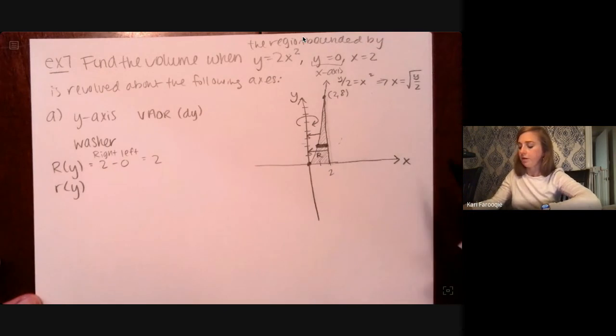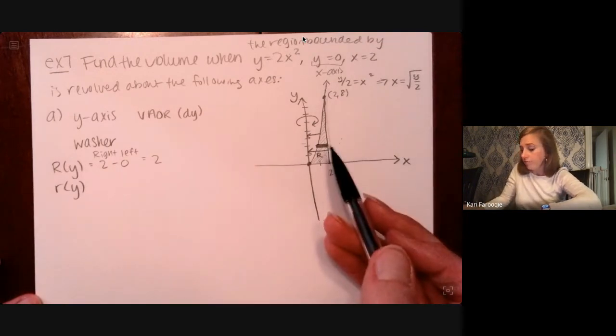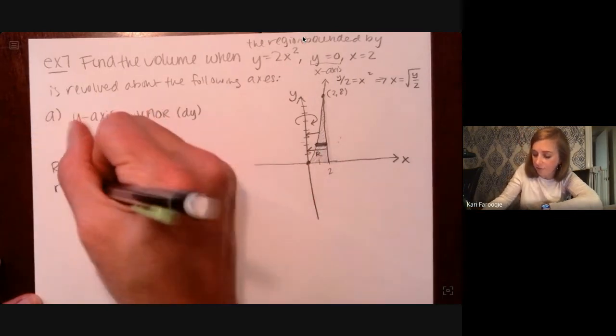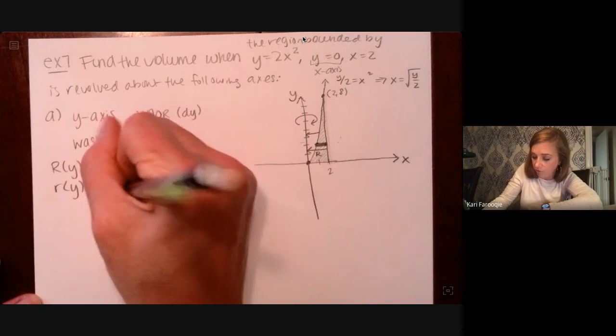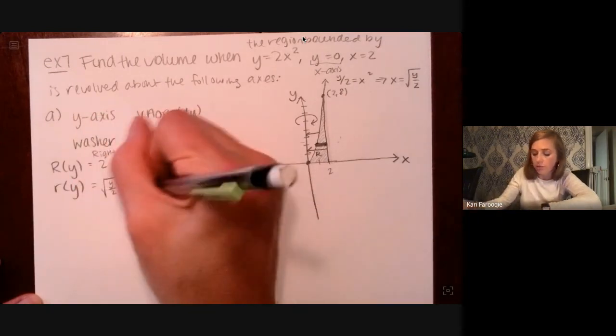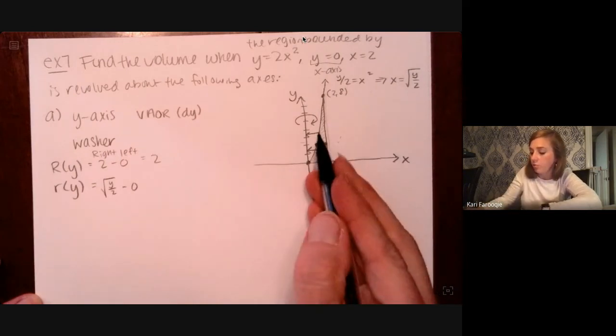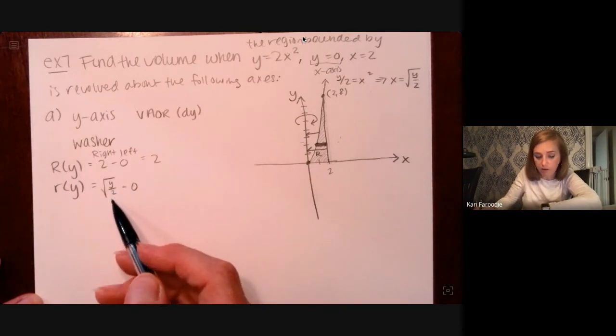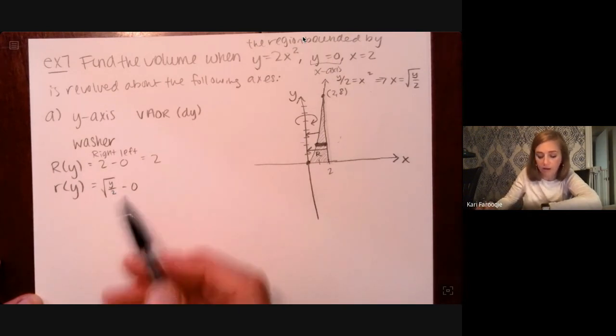Okay. So my inner radius is going to be x equals the square root of y over 2. The whole thing goes in the radical. And then minus 0, because as I go right minus left, I'm just subtracting off x equals 0. So it's x equals the square root of y over 2 minus x equals 0.